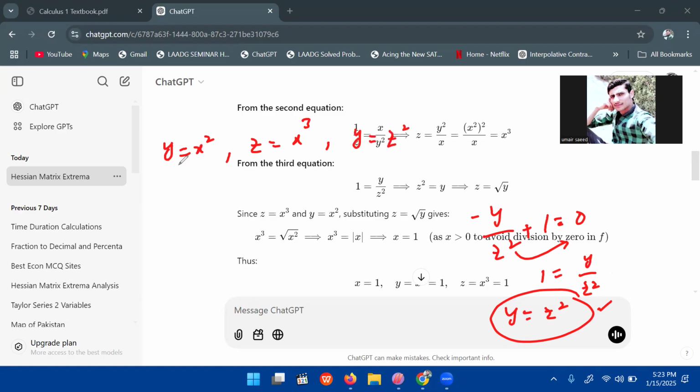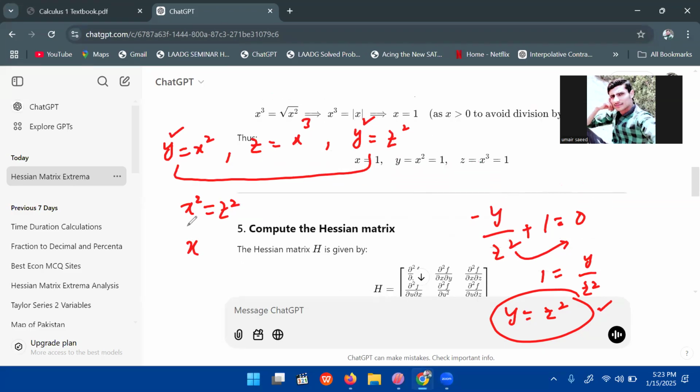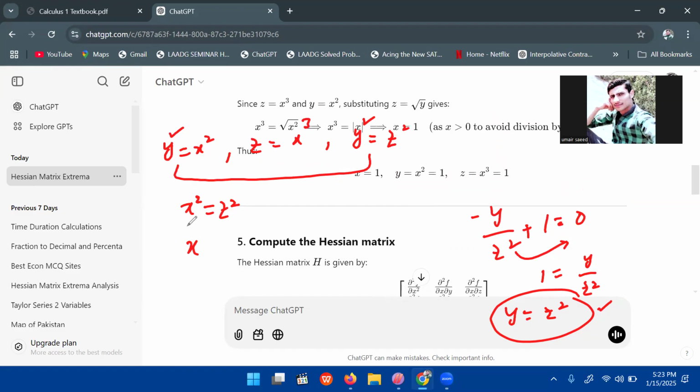So when you are looking at your screen, these two are the same. Here the left hand side is y and the left hand side is y. If two equations have the same one side, then the other sides must be equal. So x square is equal to z square. From this, we get x is equal to z.